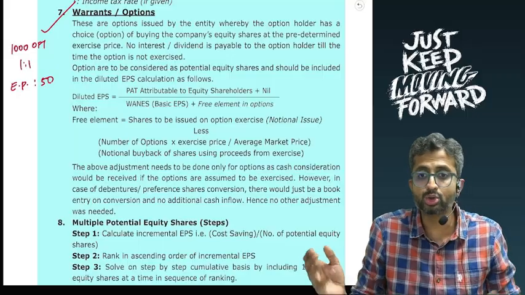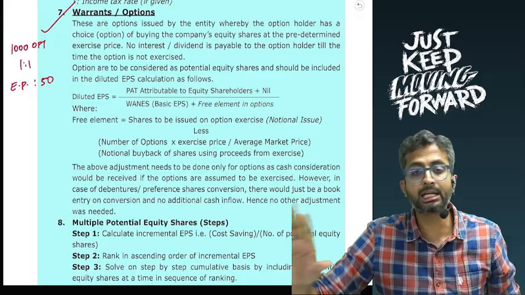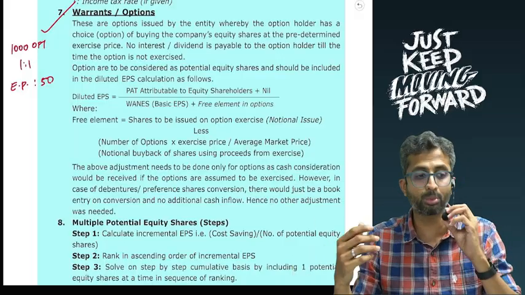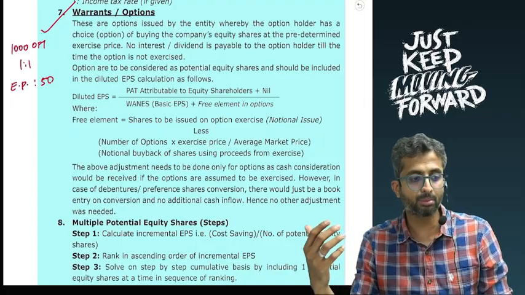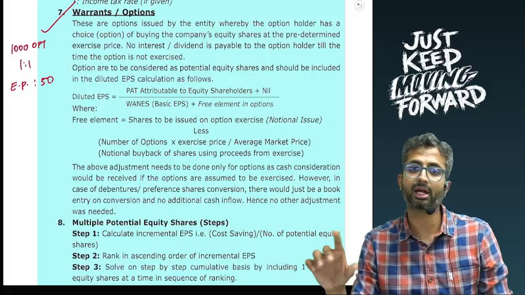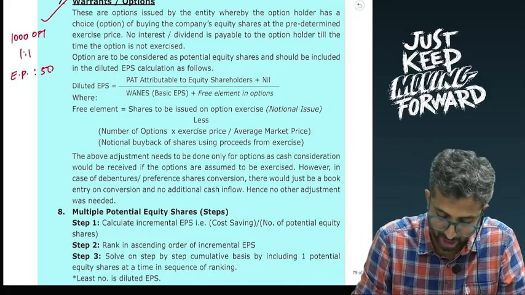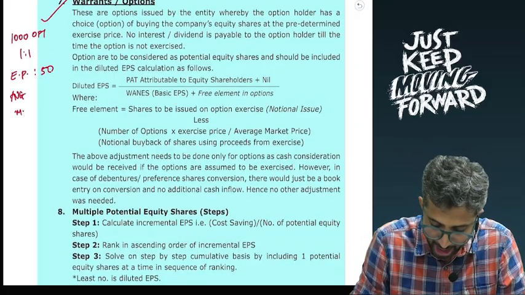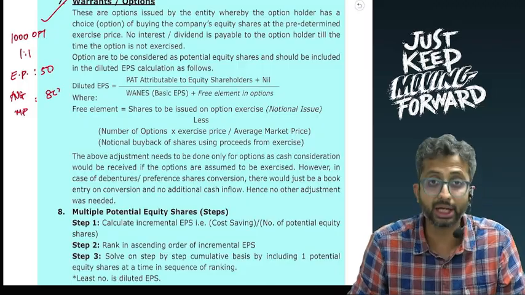I don't have any end use, so it will be used to buy back the entity's own equity shares. But when I go to buy back the entity's own equity shares, I'll have to buy back from the market, and from the market I will have to buy back at the prevailing average market price. So let us say the average market price over here is 80 rupees.